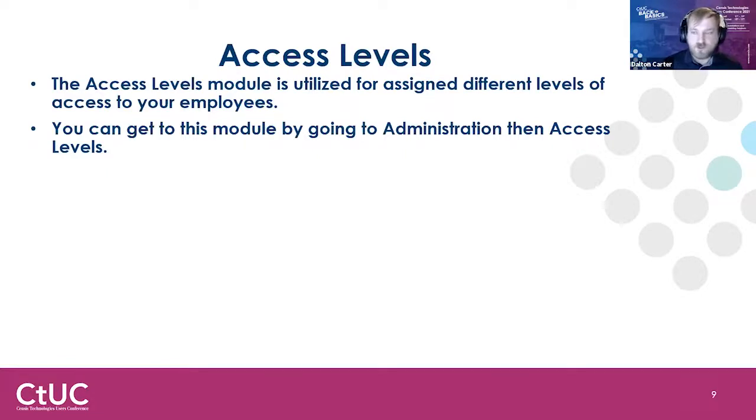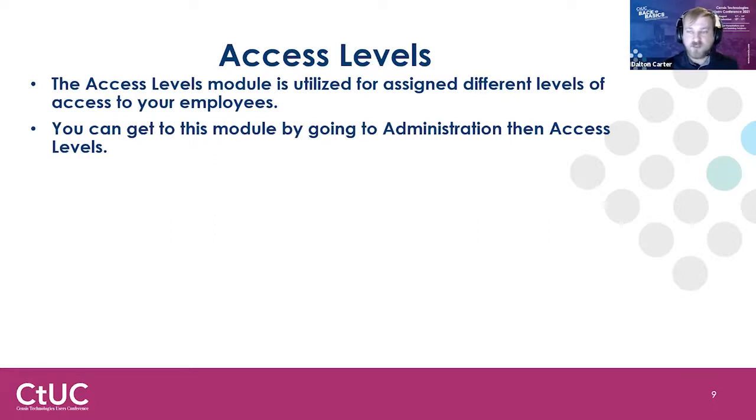So now we'll go on ahead and go into access levels. Access levels is utilized for assigning different levels of access to your employees depending on where they're at. So if you have someone in the OR, I really doubt they're going to need to see container assembly most of the time. So you can remove access from them even seeing that button.